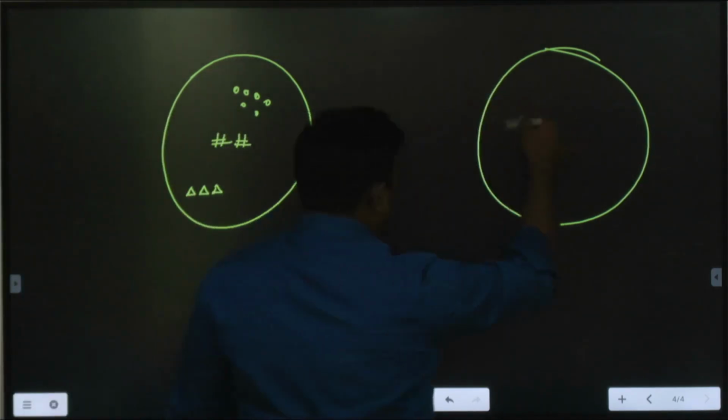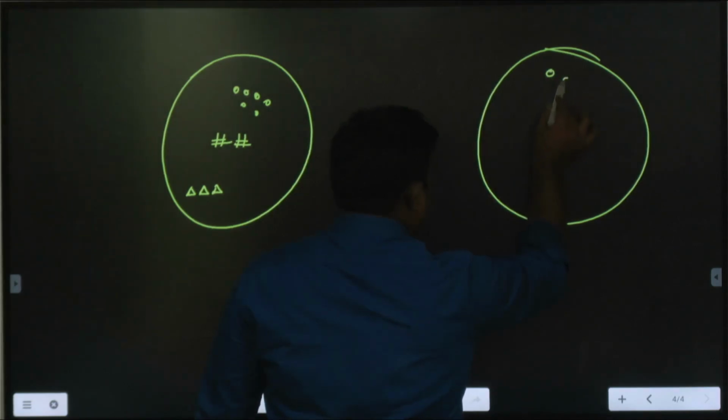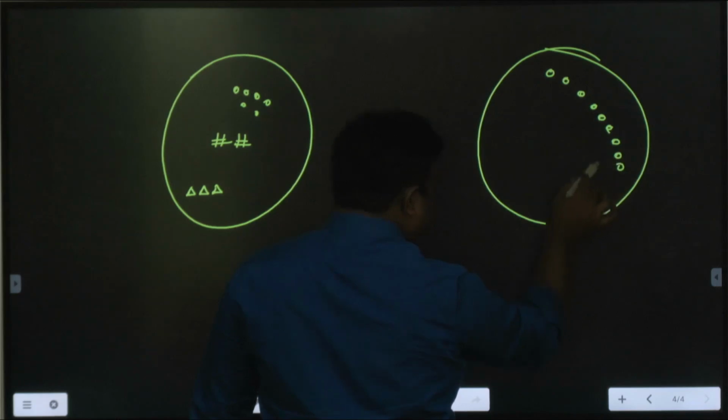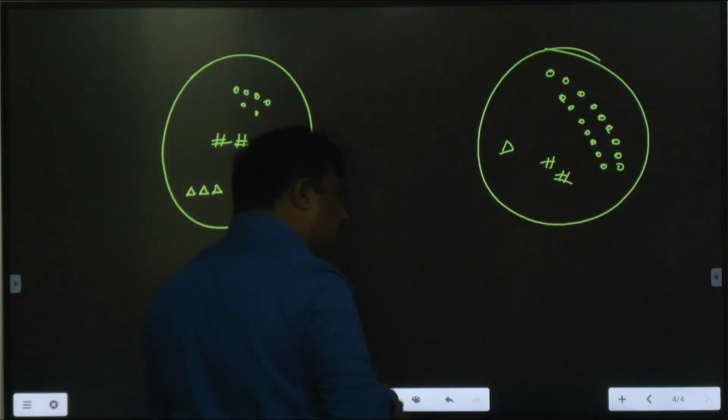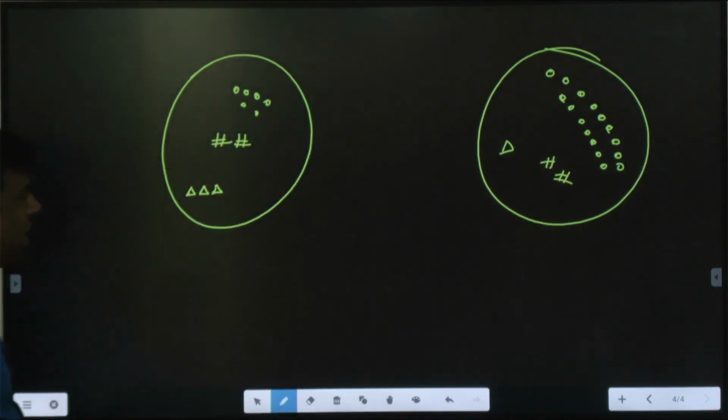Similarly in ecosystem 2, I am considering another case. Is it okay?